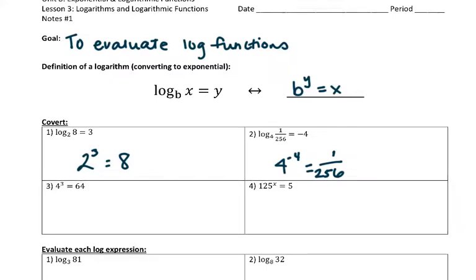Numbers 3 and 4, we're going to convert back the other way. So we're going to convert to a logarithm here. What's our base? The base of the exponent is 4. So that's your subscript, log base 4 of 64 is equal to, remember, the answer here was the exponent, so it's 3.